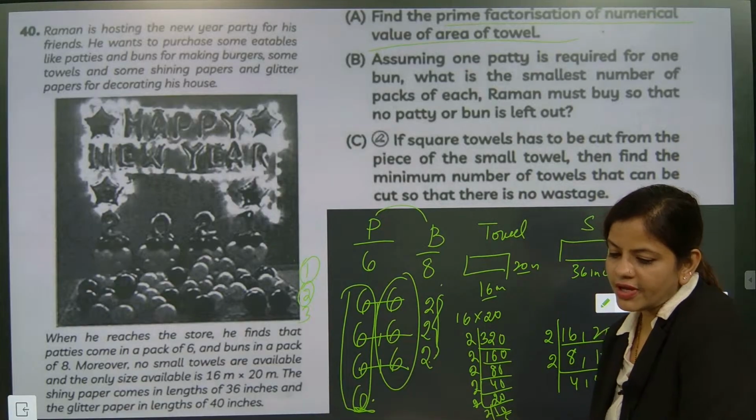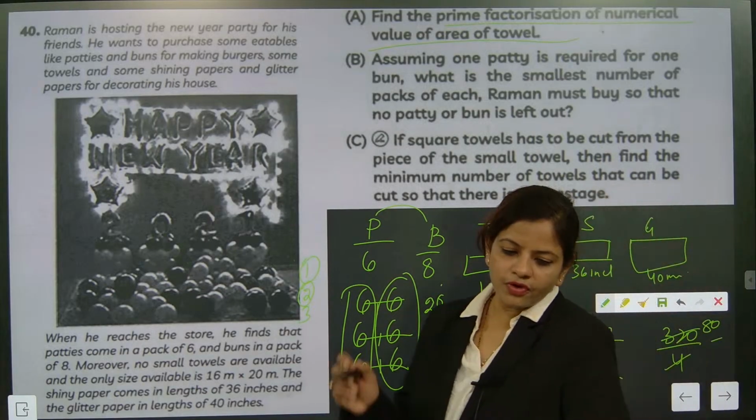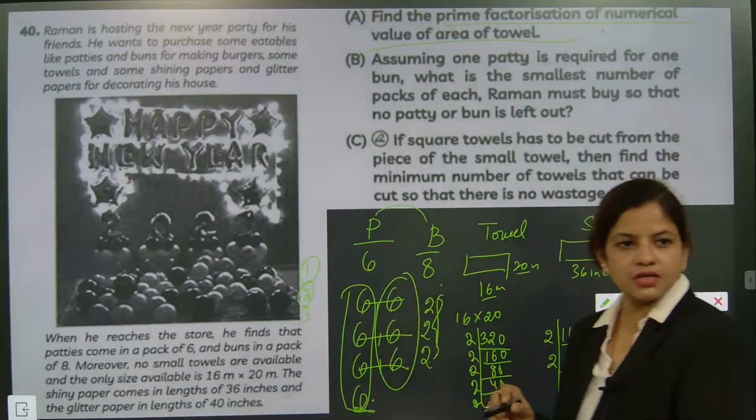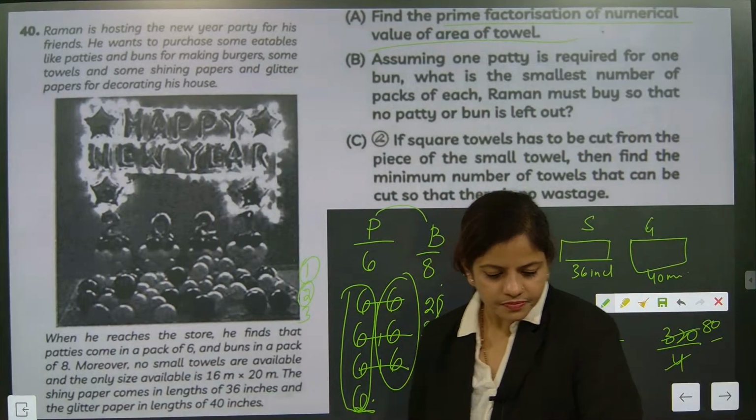Total area is coming as this much. 16 meter and 20 meter. It is meter, not centimeter. 16 meter and 20 meter. So definitely 80 we will take out. 4 is coming as the square width and depth. Yes, 4 will come.